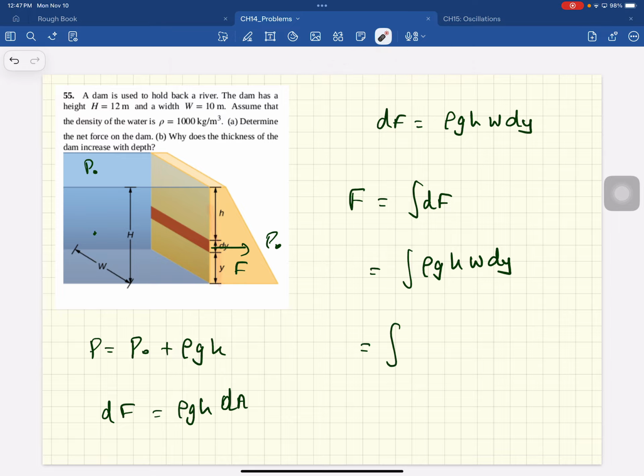Y is in this direction. It changes from 0 to h. Rho g h, little h, we want to write that in terms of y. Can somebody tell me what that is in terms of y? So it's h minus y.